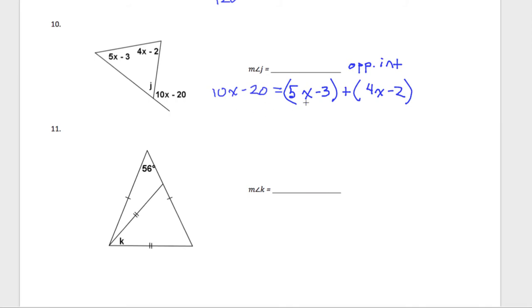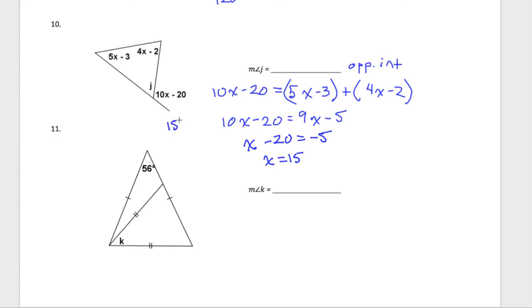Alright, then when I solve, this is going to be 9x minus 5 is equal to 10x minus 20. I'm going to subtract 9x from both sides, and I'm going to get x on the left minus 20 is equal to negative 5. And I'm going to add 20 to both sides. X is equal to 15. Okay, that's only half the battle. Now I need to plug that back in here.